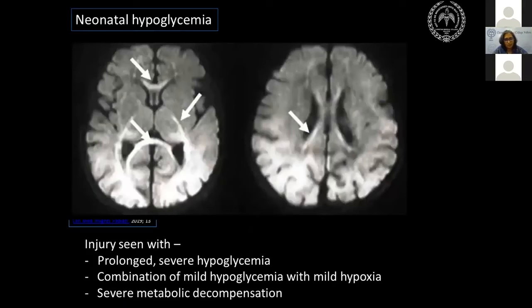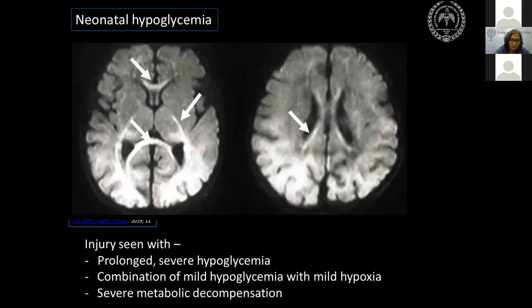Now, neonatal hypoglycemia, we do see the sequelae of this in older infants quite often. But we need to remember that transient hypoglycemia usually does not cause significant changes in the brain. Injury is usually seen when there is prolonged or severe hypoglycemia, or if there's a combination of hypoglycemia with a mild hypoxia.